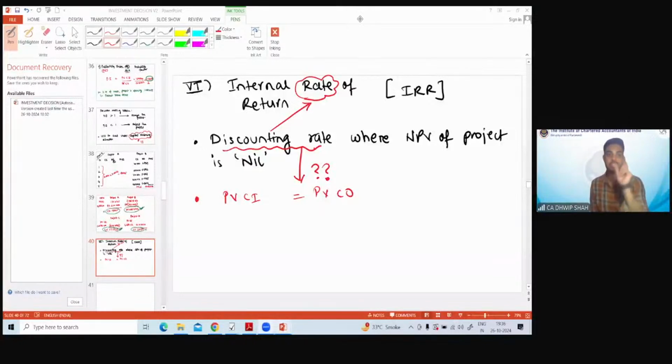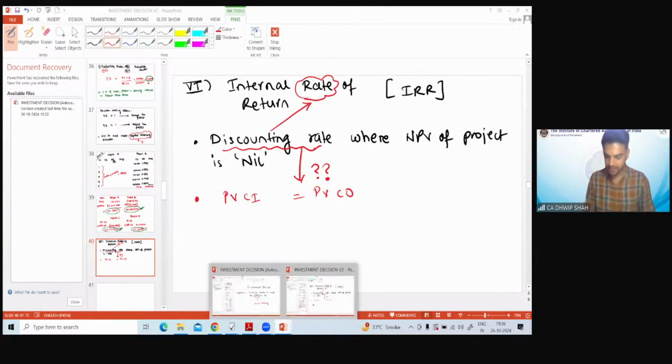It is the discounting rate where your present value of inflows is equal to present value of outflows, or in other words, your NPV is zero. Since IRR is about rate of return, under this technique we need to calculate that discounting rate.